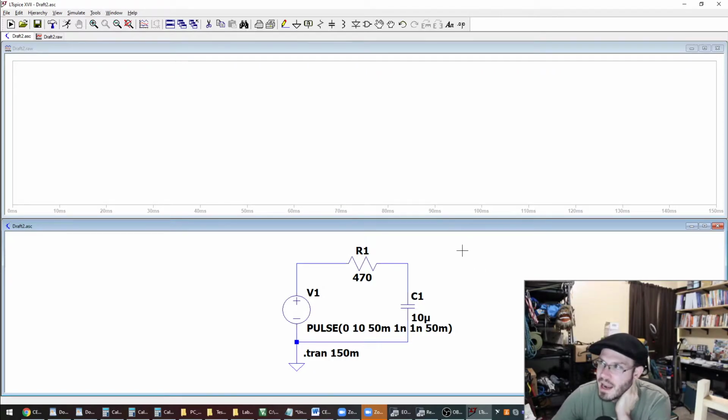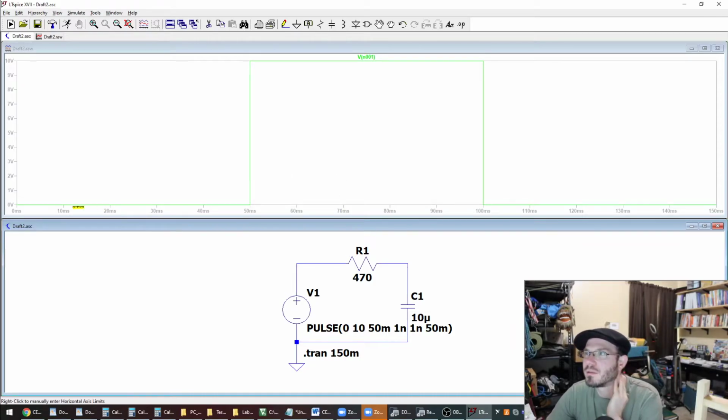And we have an empty waveform until we take a measurement of something. I'm going to take a voltage measurement right at the positive side of our voltage source that's creating this pulse for us. If I left click once, I should see exactly what we said: 0 volts until we hit the 50 millisecond mark, at which point we go up to 10 volts, as you can see in the x-axis on the left side of the waveform.